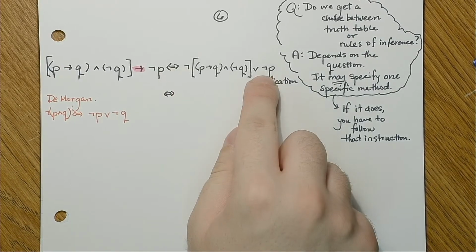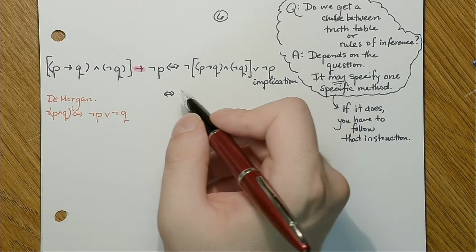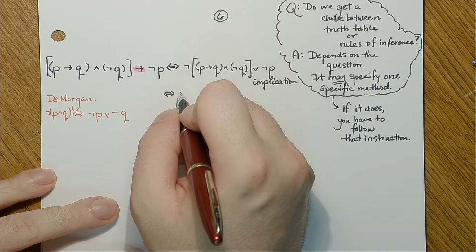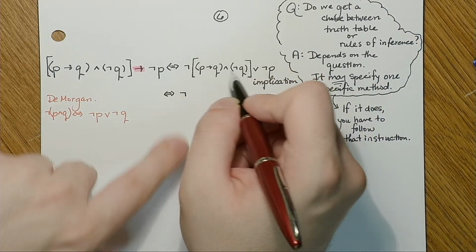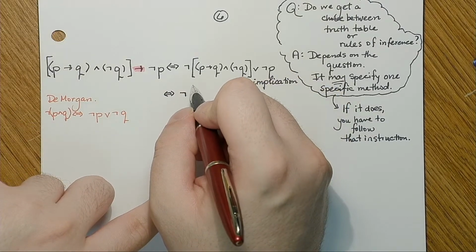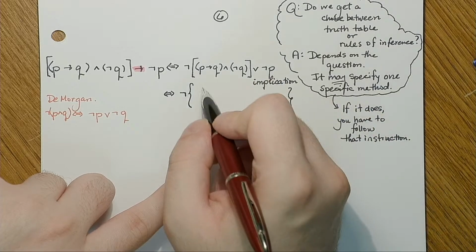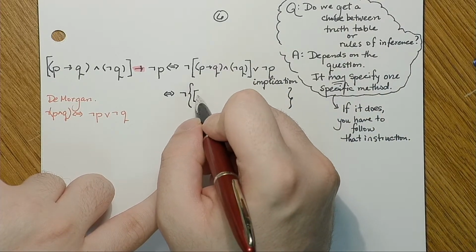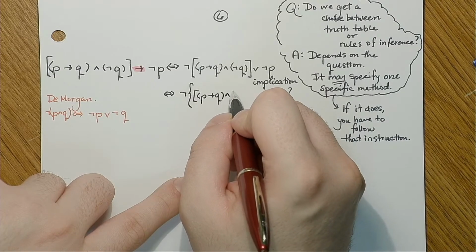I have a not and a not here, and then there's my or. So I'm going to bring the negation out. So this proposition here is going to be inside here. So I have P implies Q and not P.